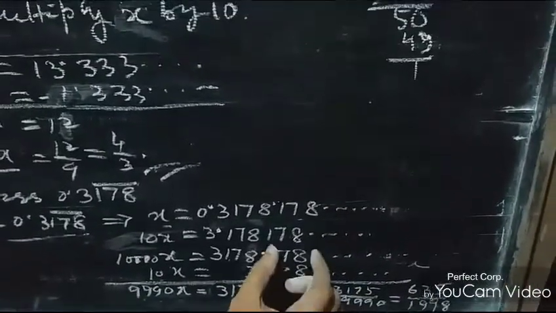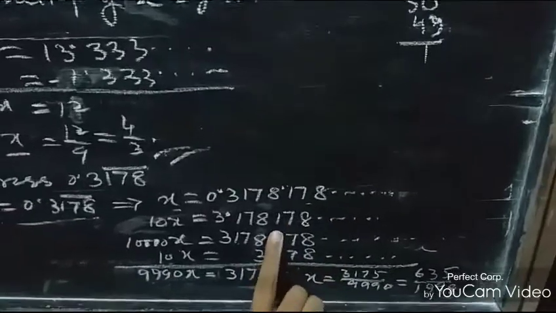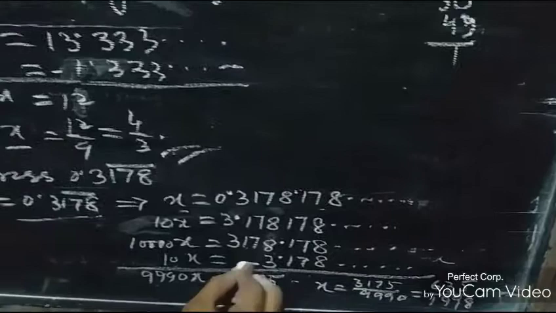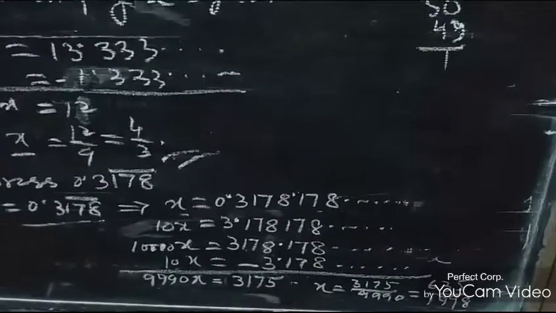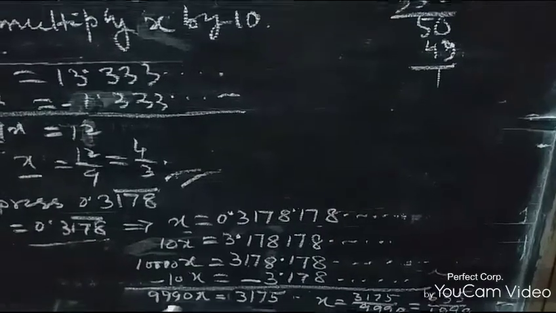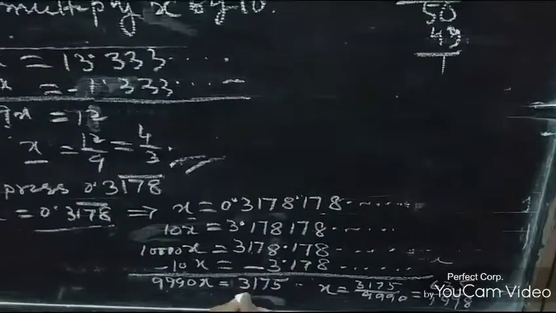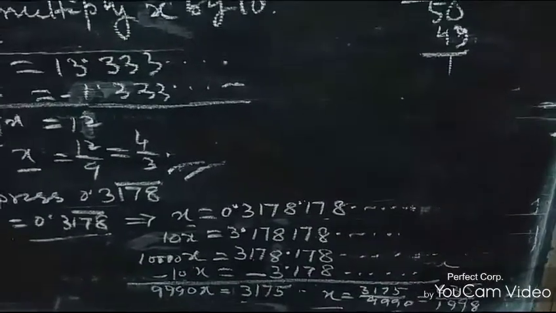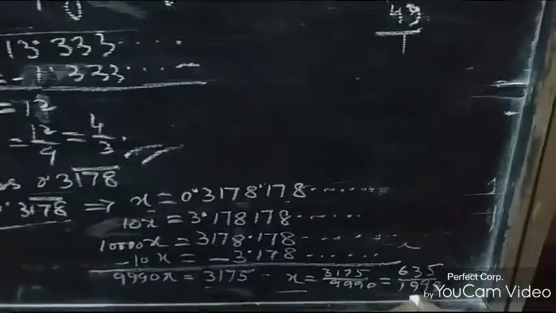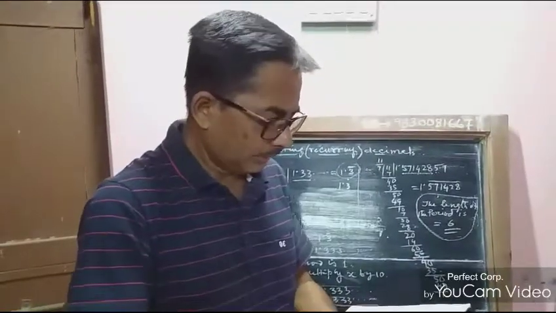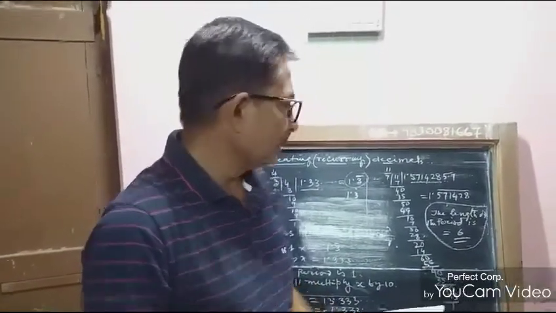Now you have to subtract like this: after the decimal point, the recurring part is wiped out whenever it is deducted. So you will get the integer part. Here 9990x equals 3175. Therefore x is this, and cutting it by 5, it comes to 635 divided by 1998.